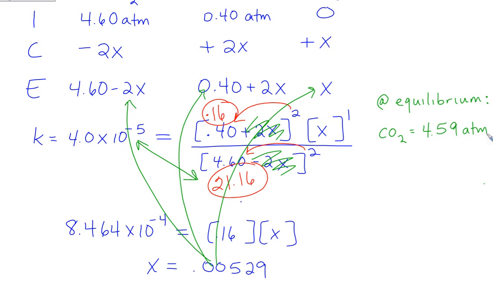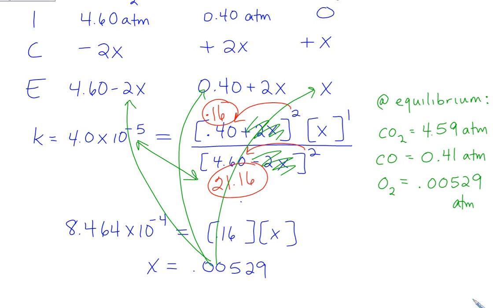I mean, that is small. It's almost insignificant. Carbon monoxide, 0.4 plus 2x, so how about 0.41? And then the last one, oxygen, is x. So we could say 0.00529 atmospheres. 0.0053 would be fine.